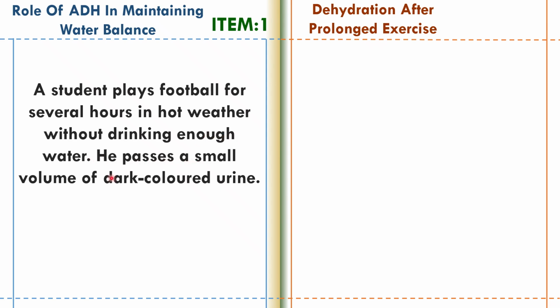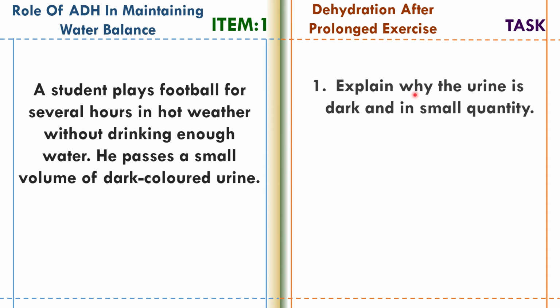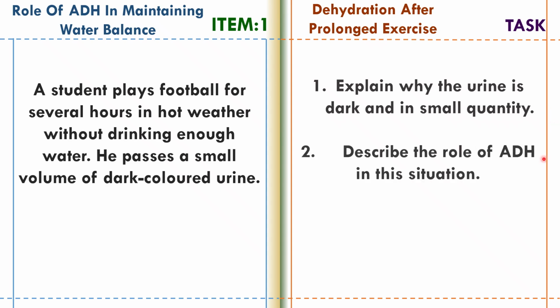He passes a small volume of dark-colored urine. Task: explain why the urine is dark and in small quantity. Describe the role of ADH in this situation.